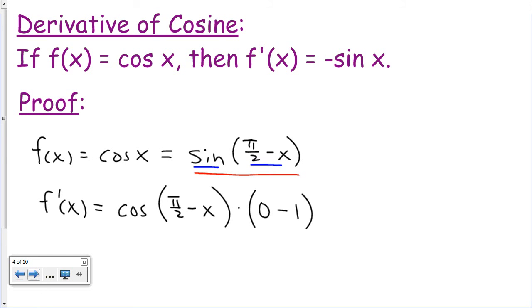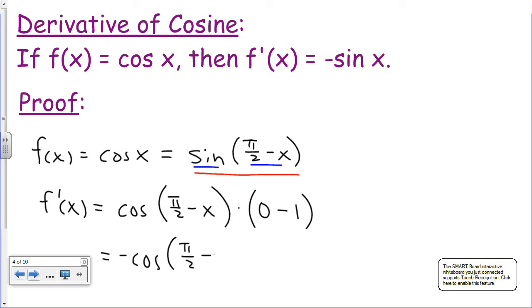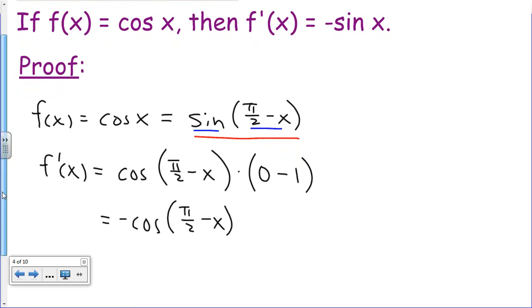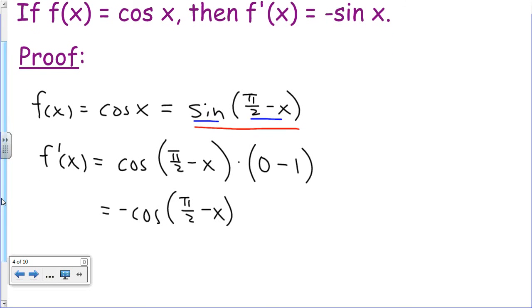So we end up with, when we rewrite this, I'm going to take that negative 1 and put it out front. We'll have a negative cosine of pi over 2 minus x, which isn't quite what we were trying to prove. We were trying to prove that it's equal to the opposite of the sine of x. But again, if you go back to those cofunction properties, similar to the cofunction property we started with, turns out that the cosine of pi over 2 minus x is equal to the sine of x.